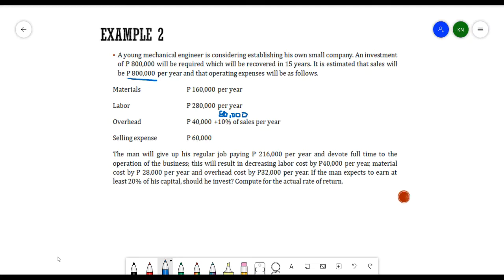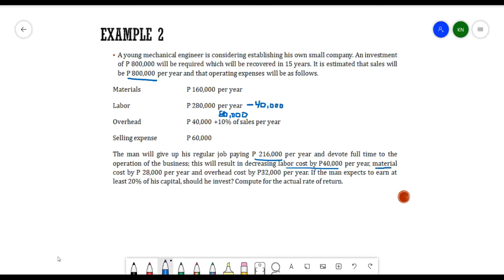The man will give up his regular job paying 216,000 per year and devote full time to the operation of the business. This will result in decreasing labor cost by 40,000 pesos. So labor cost will decrease by 40,000 pesos.